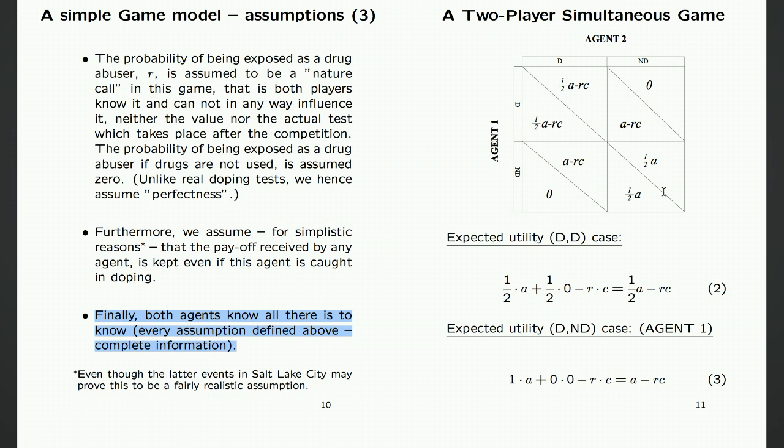And the only thing to do then is to divide the prize money between these two equally strong athletes. So they each have a probability of half of winning. And this half A is simply computed by taking a probability of 0.5 times the prize value A. So we get half A for each of the agents here.